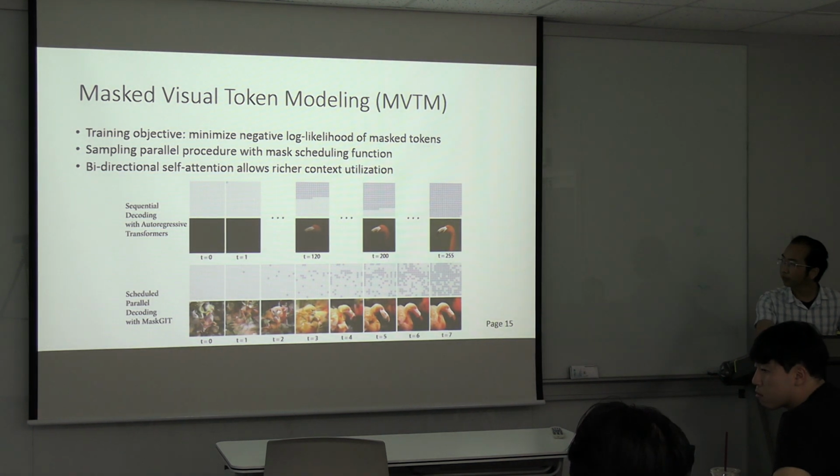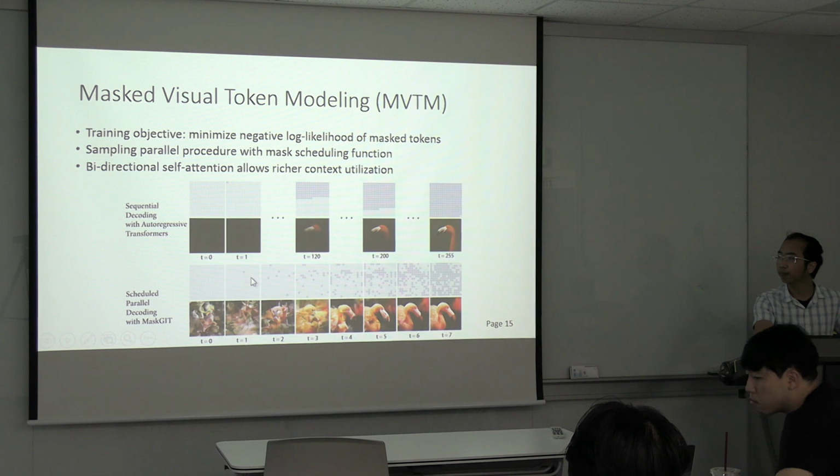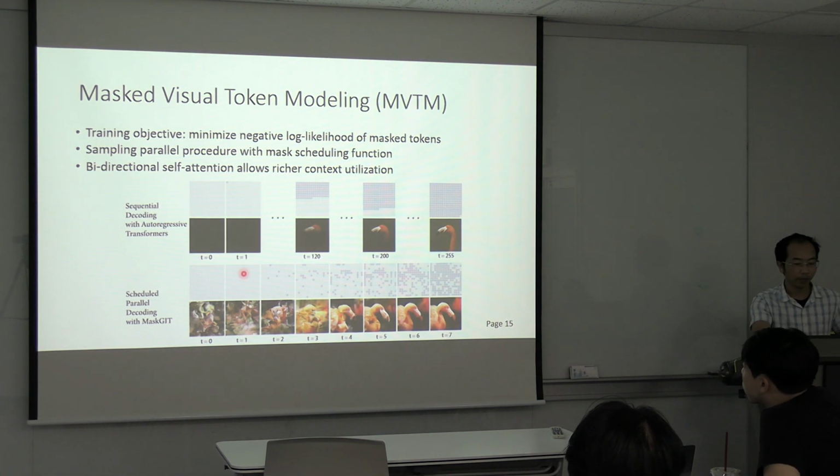For example, in this step, if the model can predict all the tokens, because we predict the probability, we can always select the highest probability. We keep this one and then mask the rest again, and one other in the next step together. If some token is already kept, it will never be masked again. We will use that for the final image.